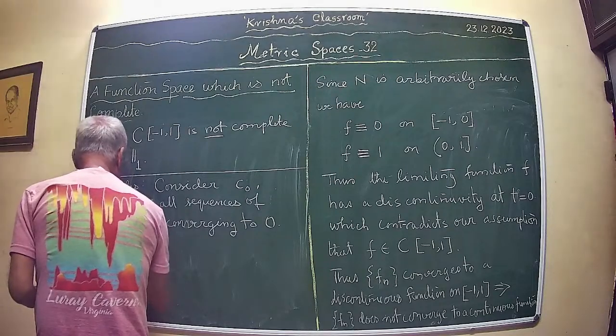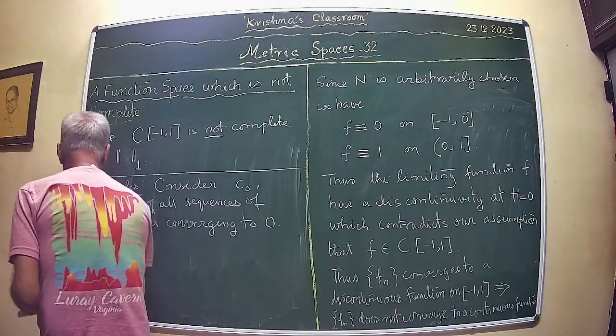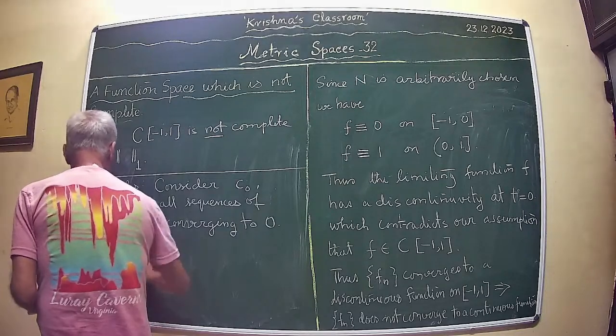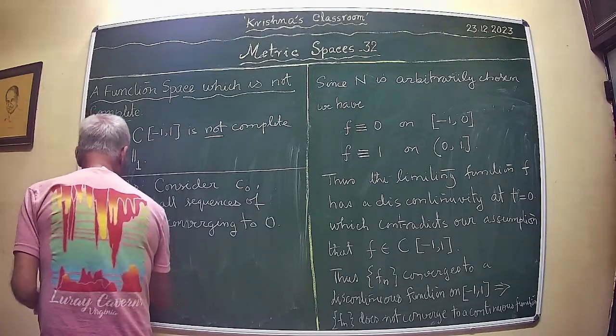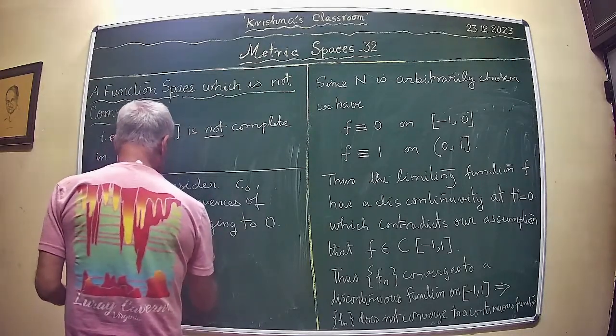Define x, so x you take as xn, where xn goes to 0 as n tends to infinity.